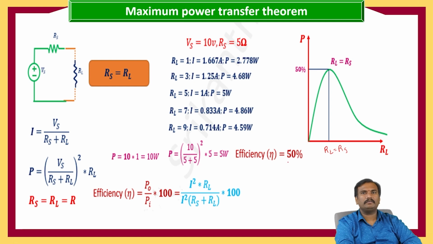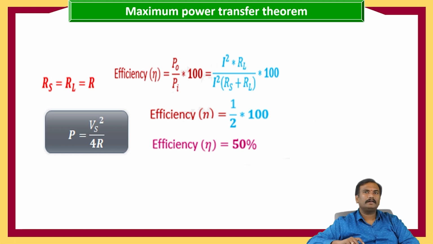This is the condition where we get 50% efficiency, because the remaining 50% is wasted in the source resistance. Here the efficiency, where R_S is equal to R_L, if you substitute, we get 2 into R_L. So we get 1 by 2 into 100%, that is equal to 50% efficiency.